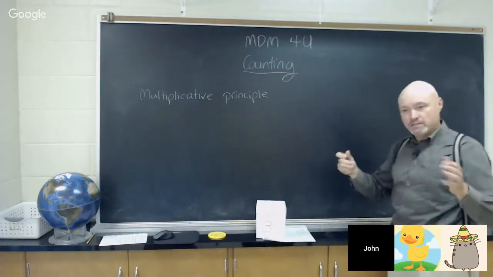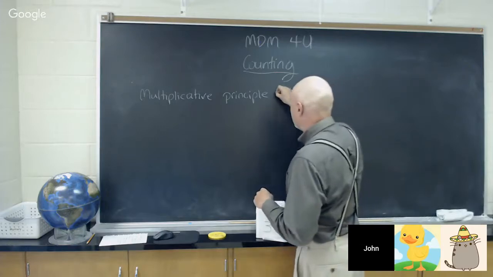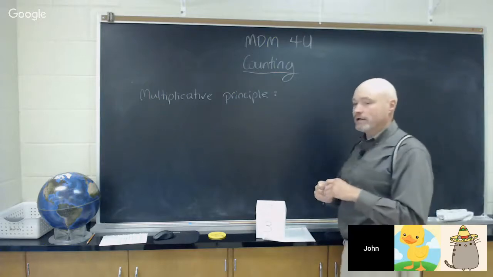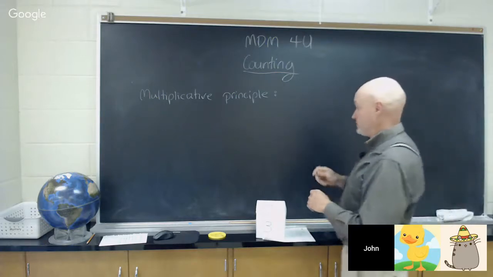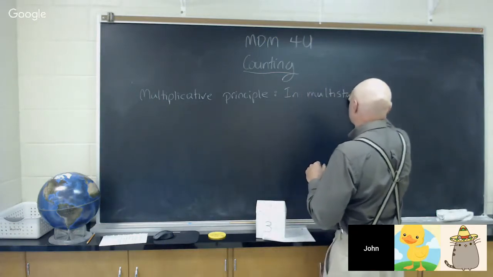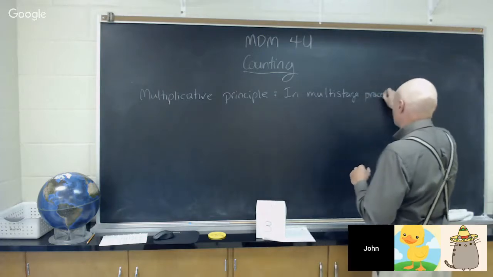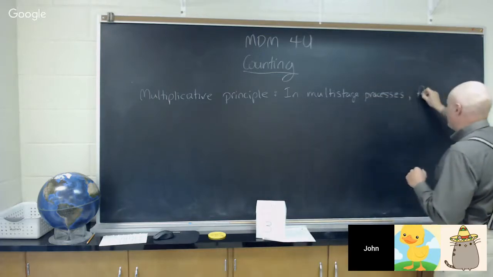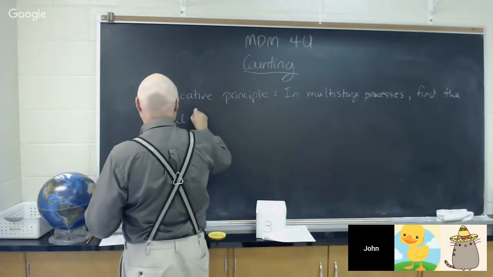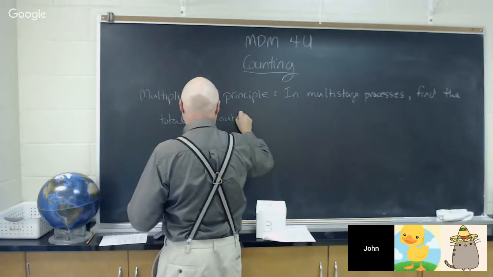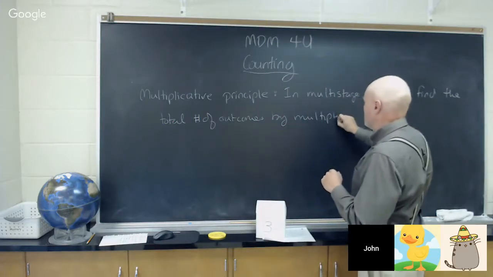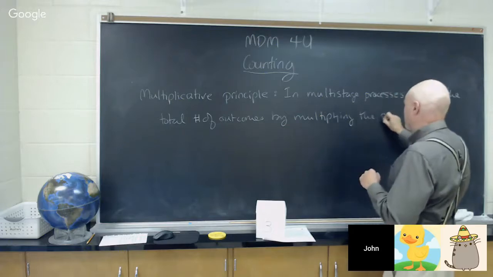Okay, if you can divide a process up into a certain number of stages, you just find the total number of possible outcomes by multiplying the number of possible outcomes at each stage, okay? So in multi-stage processes, find the total number of outcomes by multiplying the possible outcomes at each stage.